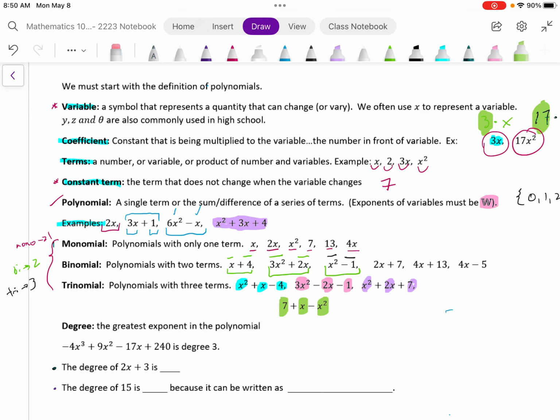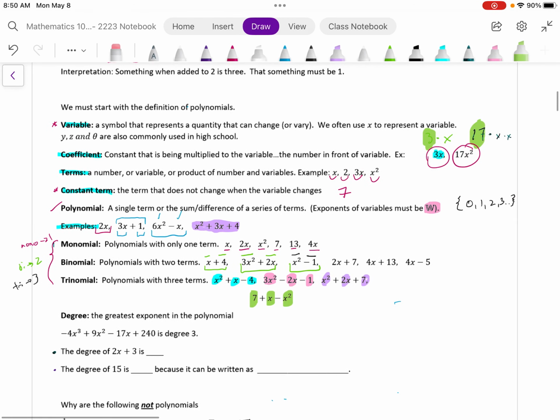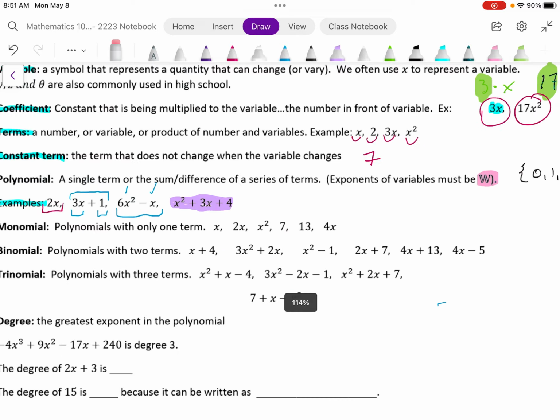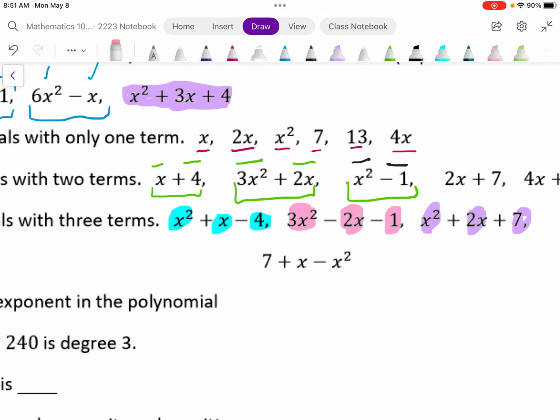One thing I just want to draw your attention to quickly is that the exponents have to be whole numbers. A polynomial is the sum or difference of terms. So I'm just going to zoom in on one polynomial to demonstrate. If you take a close look at this polynomial, that term has an x. Although people may think there is no exponent here, I could put a 1, and it doesn't change the meaning.